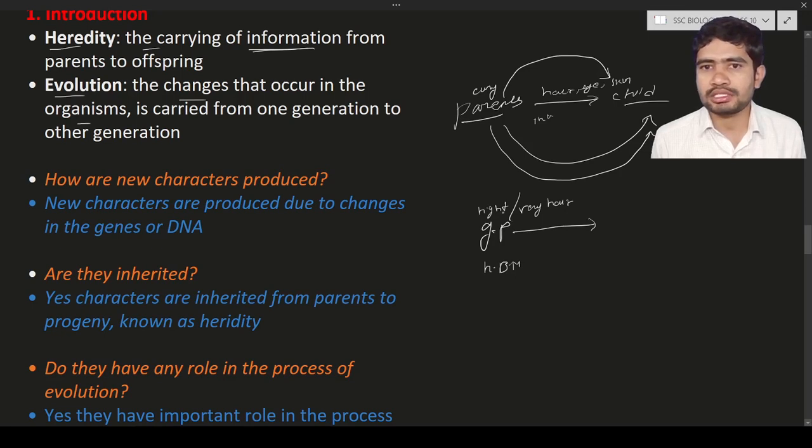These are all the characteristics present in the grandparents around 50 generations ago. This is just an example for your understanding purpose.